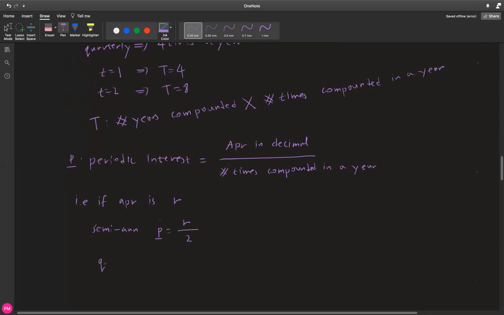For quarterly, you would have P equals R over 4, and so on and so forth. Also if it is, let's say, monthly, you would have P equals R over 12.